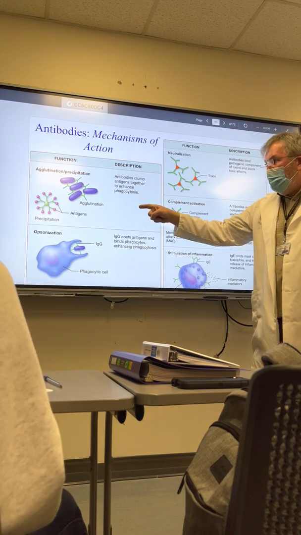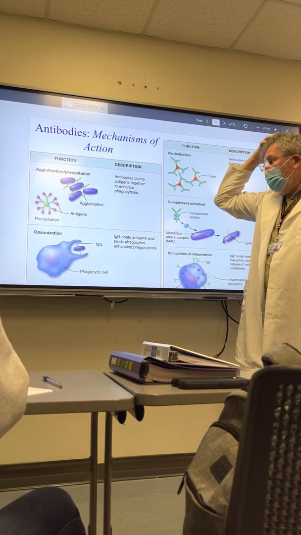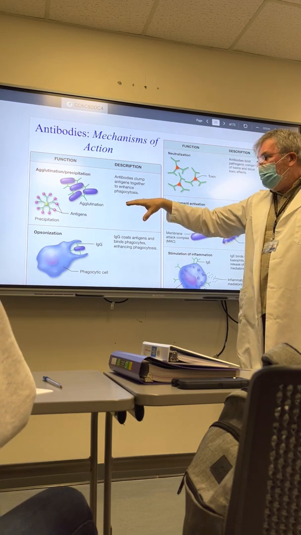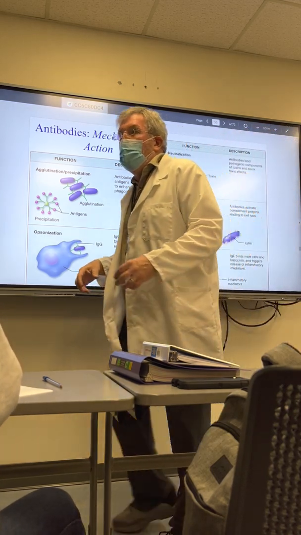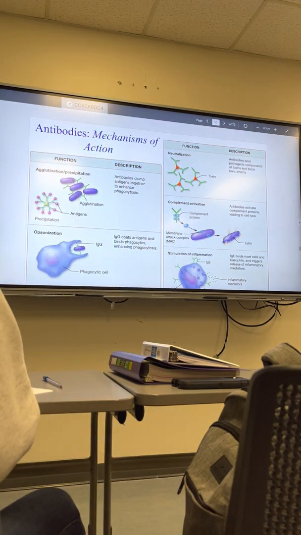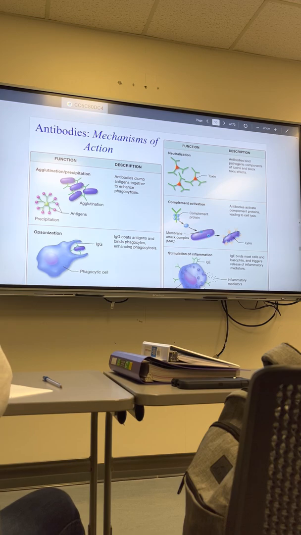Something that can go along with this is agglutination and precipitation. Agglutination and precipitation just means they're going to cause things to clump together. It's like herding kittens. It keeps them from getting out, keeps them from doing more harm as we clump them together. It also makes it much easier for the phagocytic cells to do their job once we have gotten a bunch of them clumped into place.